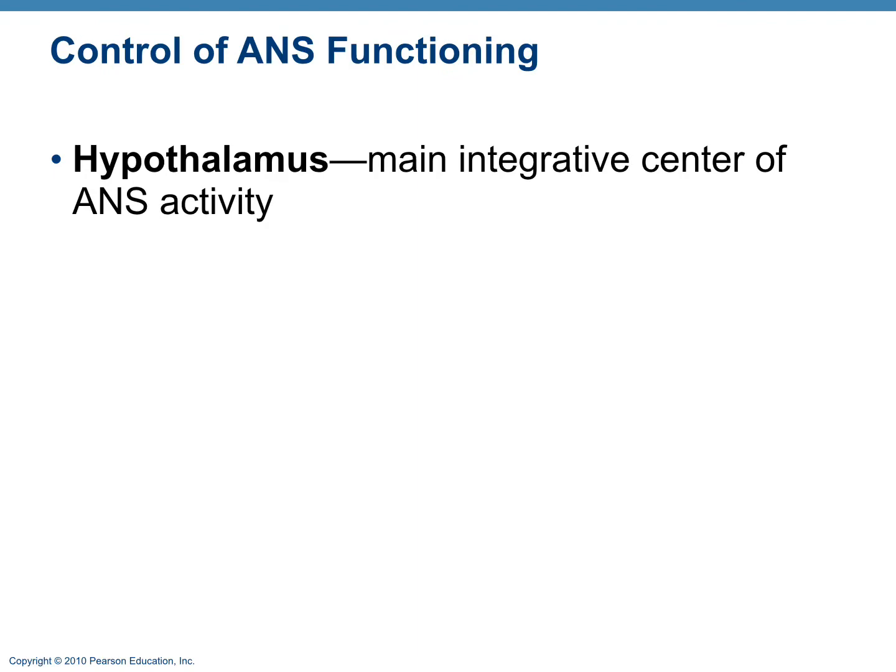So what controls autonomic nervous system activity? Well, the main integrative center for it is the hypothalamus. We talked about the hypothalamus having all these widespread effects in the central nervous system chapter. But it is the main integration center for the autonomic nervous system.